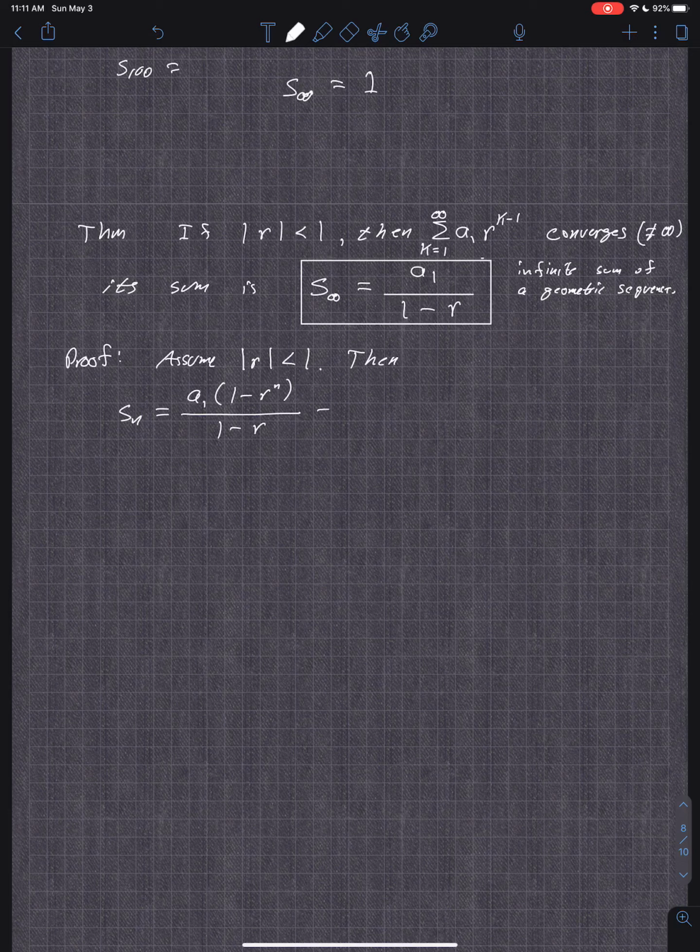So you simplify that, and you get a1 minus a1 r to the n over 1 minus r. Now divide each term, and you get a1 over 1 minus r minus a1 r to the n over 1 minus r.